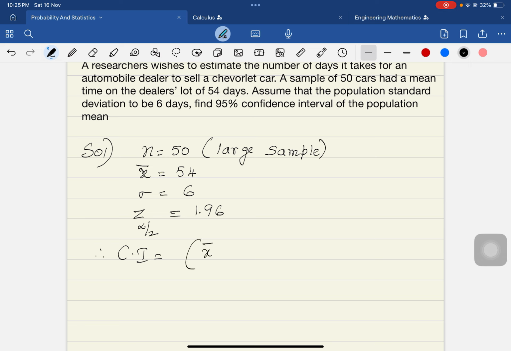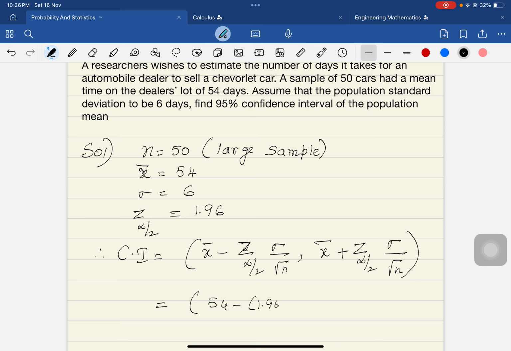X bar minus Z alpha by 2 times sigma over root n, comma, x bar plus Z alpha by 2 times sigma by root n. So now what does it give you? It is 54 minus 1.96 times 6 over square root of 50, comma, 54 plus 1.96 times 6 over square root of 50.